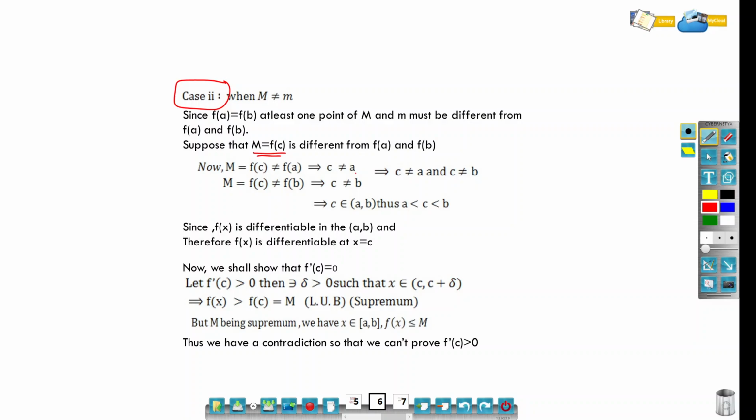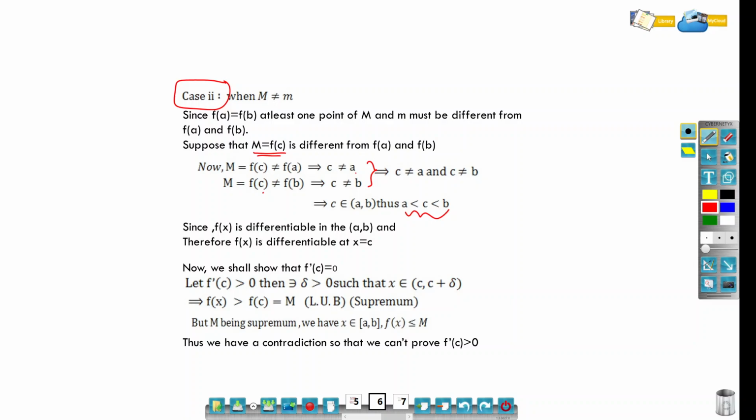Similarly, f(c) is not equal to f(b), so c and b are different. So we can conclude that c is not equal to a and c is not equal to b, which implies c belongs to the open interval (a, b), thus c lies between a and b.